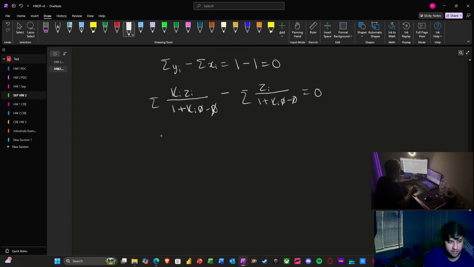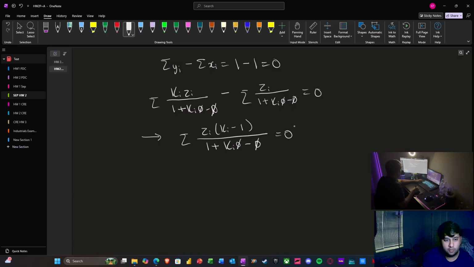And then if we just simplify this out, we're left with the summation of z_i times K_i minus 1 over 1 plus phi times K_i minus 1, which equals 0.